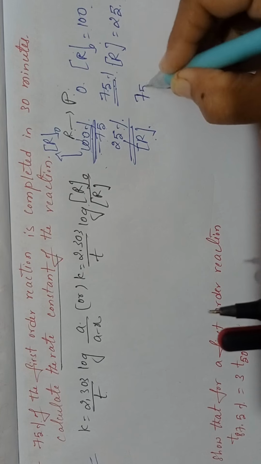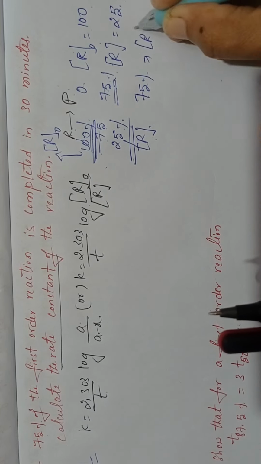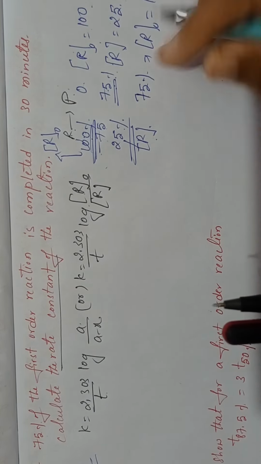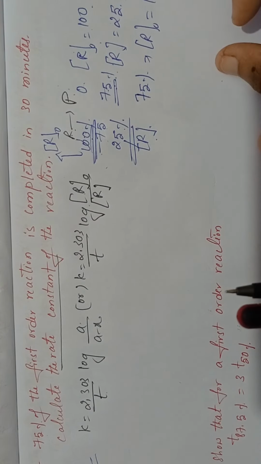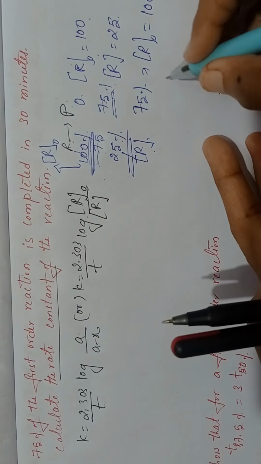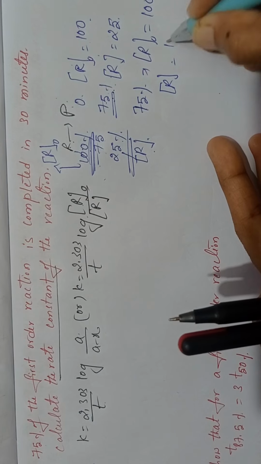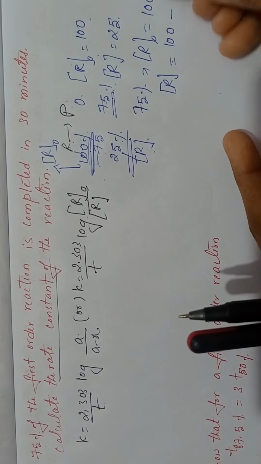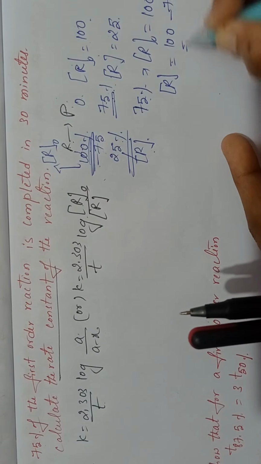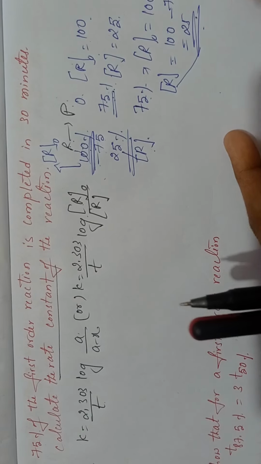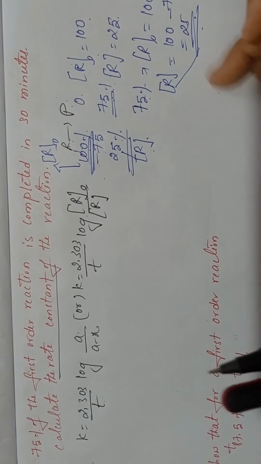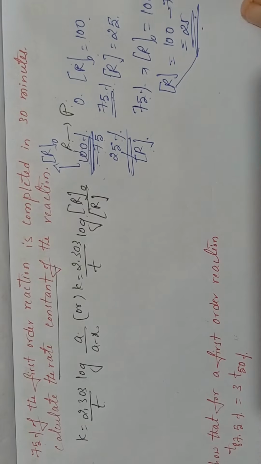Understood? R naught value is how much? 100 you have to take, because it is percent, that's why I am taking 100. And the next one, R value, the final concentration: just do the subtraction 100 minus 75, then you will get 25. This is the final concentration. Clear this one? So just substitute these values here.